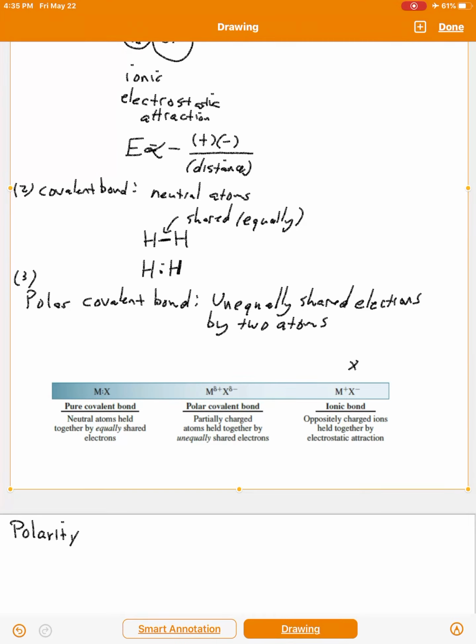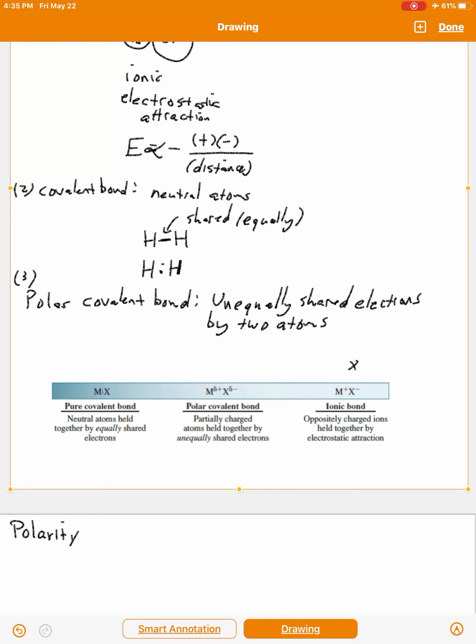M plus X minus. That's an ionic bond. Oppositely charged ions held together by electrostatic attraction. But now we are going to claim we can have something in between. M delta plus X delta minus. A polar covalent bond. Partially charged atoms held together by unequally shared electrons.